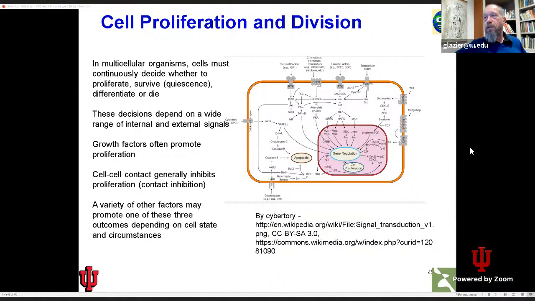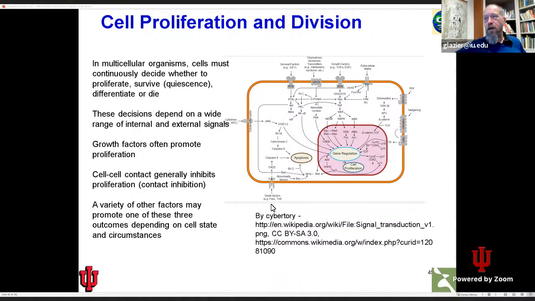Cells will also respond to additional kinds of signals. One of them, as I mentioned, I think last week, is whether they're attached to their neighbors. Here we have integrins, which attach the cell to the extracellular matrix. This particular picture does not have cadherins or CAMs, which are cell adhesion molecules that attach cells to each other, which also send signals.